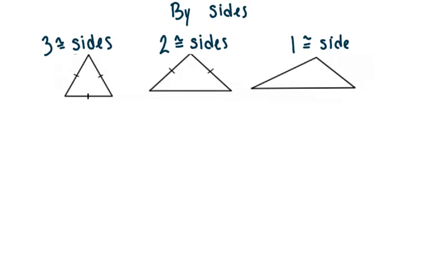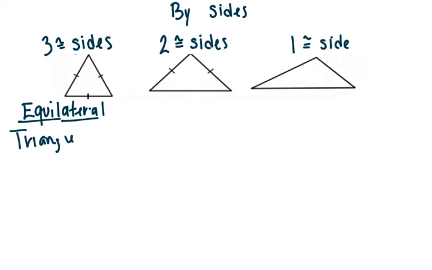So there are also ways that you can classify triangles by sides. So if you see 3 equal sides, that's one we call an equilateral triangle. And that comes from the Greek word equi, meaning equal, and then lateral, meaning sides.